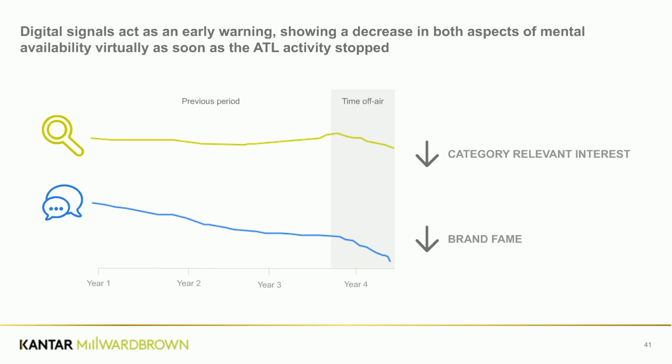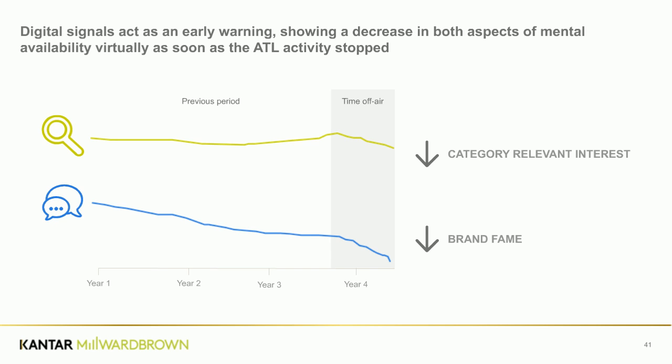And what it told us fairly early on was not a particularly positive story for the brand. So pretty much as soon as the brand went off air, we started seeing a decrease in the amount of searches for the brand, the amount it cropped up in general conversation, which certainly started to indicate that the brand's salience was falling.